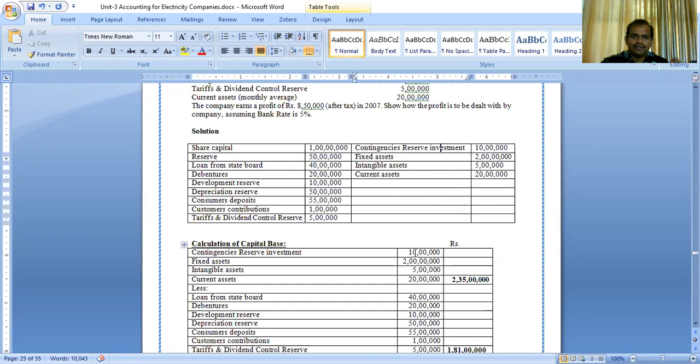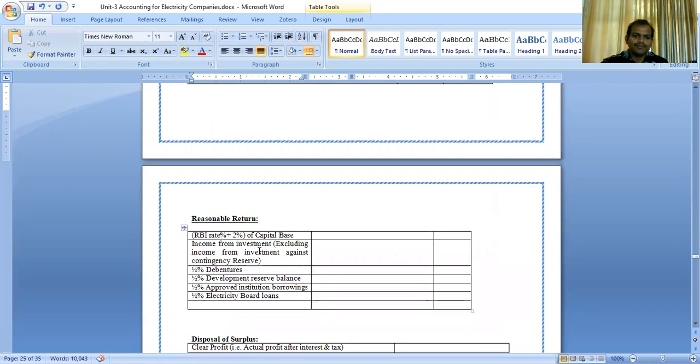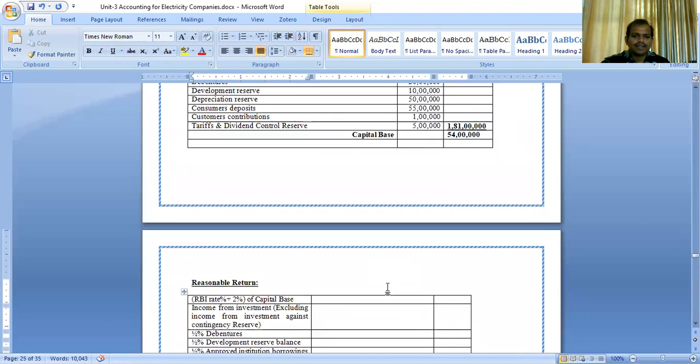If they made any investment using reserve fund, the income on such investment we have to consider. Another half percentage of debentures, half percentage of development reserve, half percentage of approved institutional borrowings, half percentage of electricity board loans. So let us calculate.